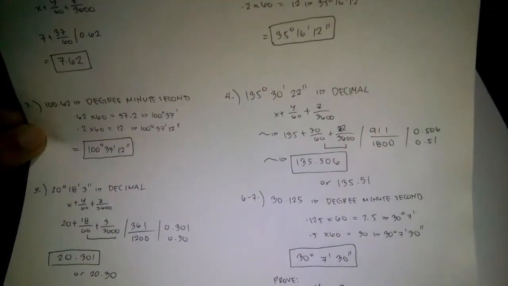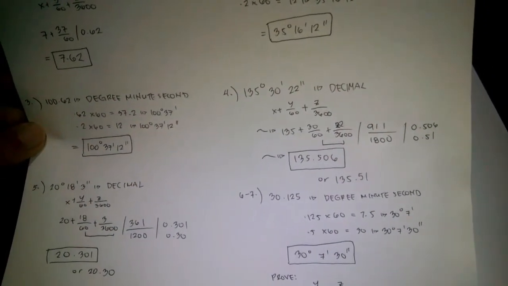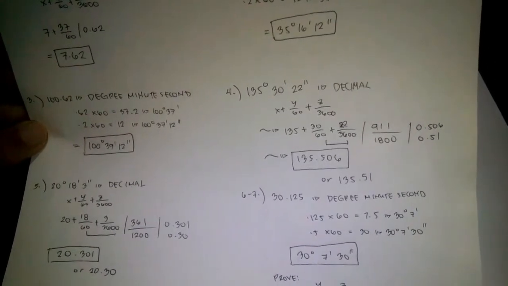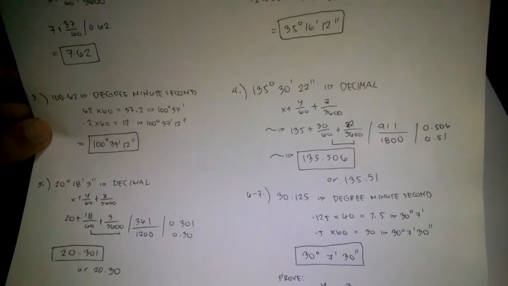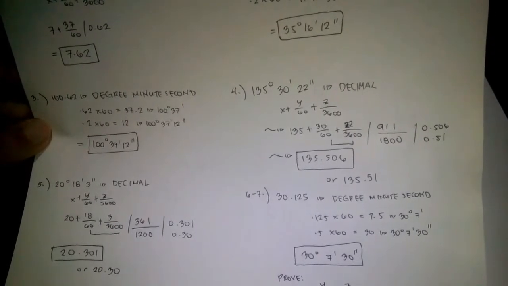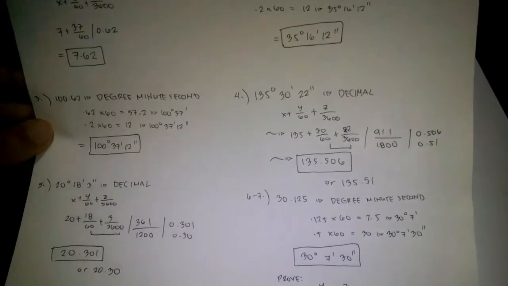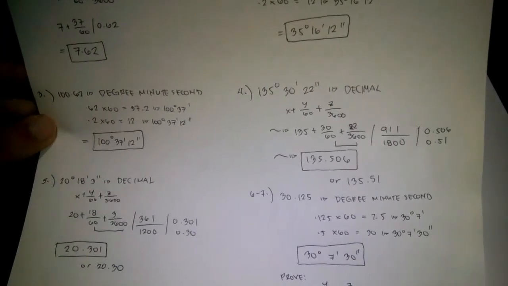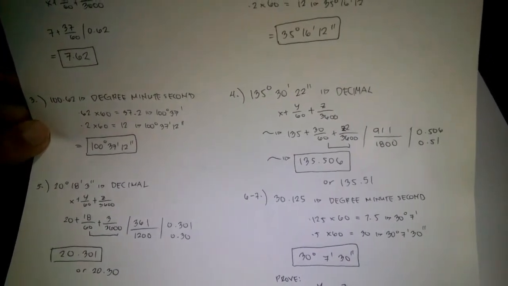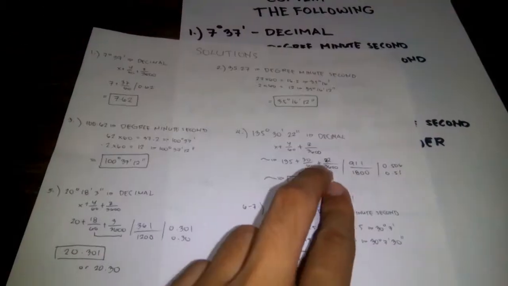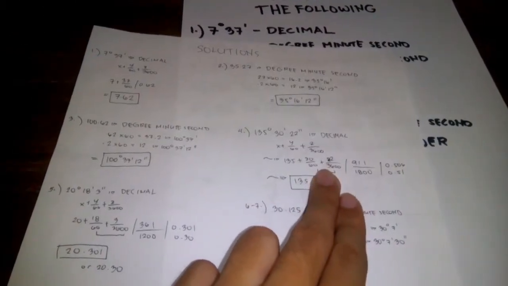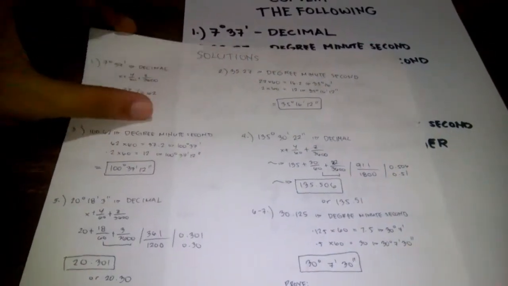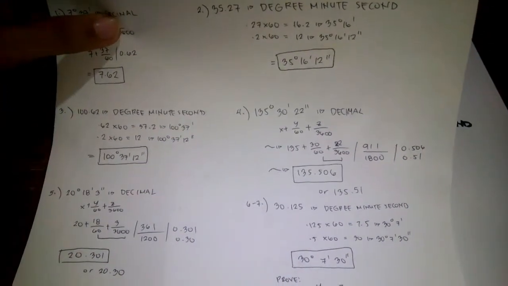In number 4, 135 degrees, 30 minutes, 22 seconds converted to decimal. Use the general formula, x plus y over 60 plus z over 3600. Substitute: 135 plus 30 over 60 plus 22 over 3600. Add these two fractions, which will result to 911 over 1800, converted to decimal.